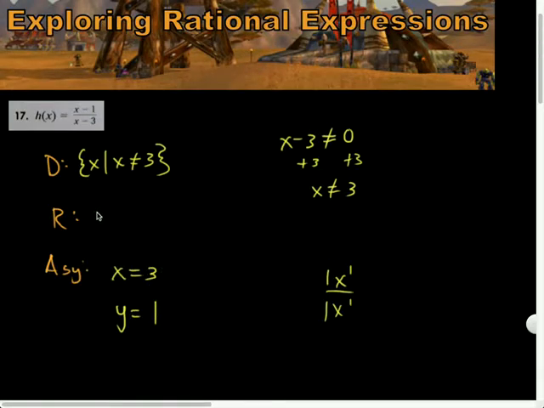And typically, in some of our graphs, that also would reflect what the range is. The range could be everything but 1. That's not always the case, so always be careful and check by analyzing your asymptotes and the rest of your graph. In some cases, that's where we can also pull in a table, but we'll be doing that in the next two problems. So that's where those asymptotes would be.